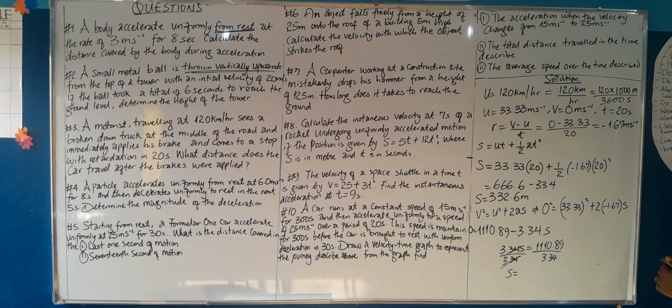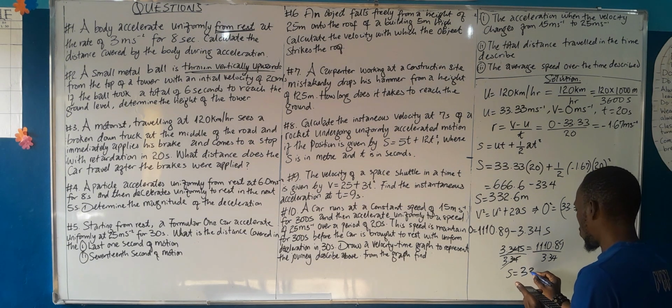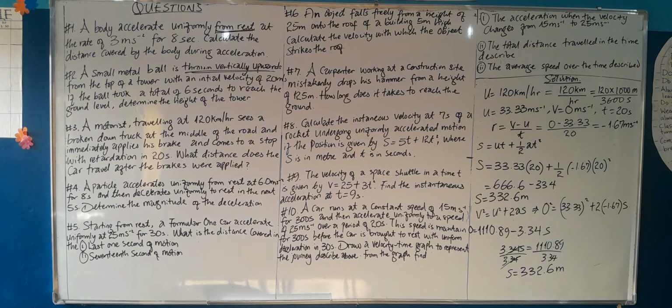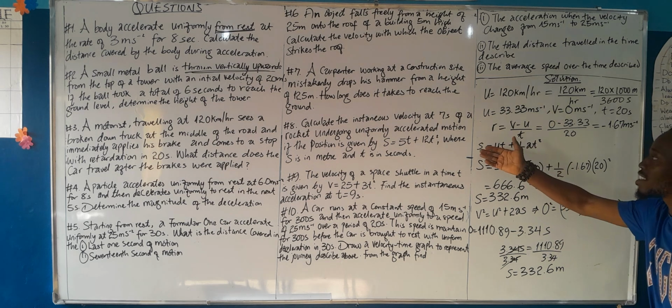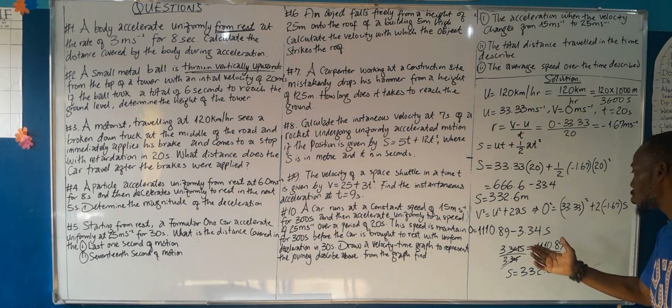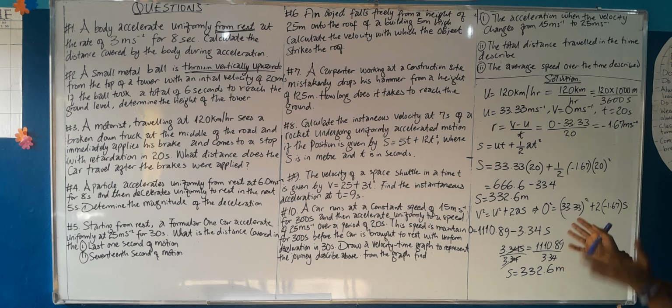This is 1110.89 divided by 3.34, and we have 332.6 meters. This is the same thing. Very interesting. So you can use either the first, then the second, or the third. Just make sure you put in the right parameters. So we're through with the first 3 questions. Let's go to the next 3 questions.